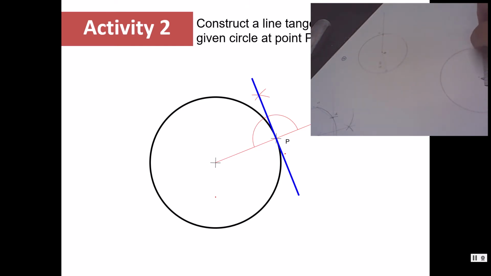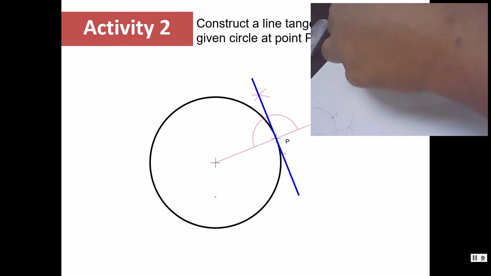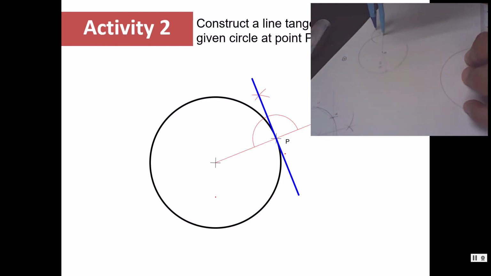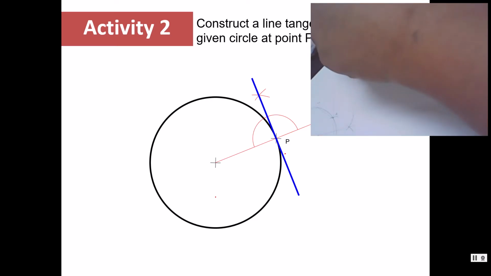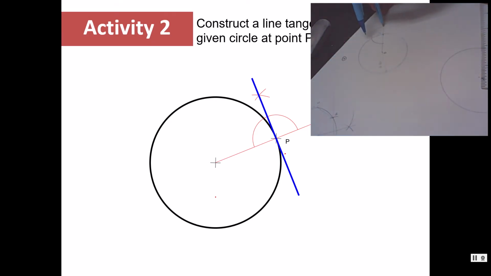Okay, then after that, what we need to do is to draw a small circle from P, a small semicircle, because we want to determine the midpoint. Okay, so we already have the small circle. So now is the step of finding the midpoint.